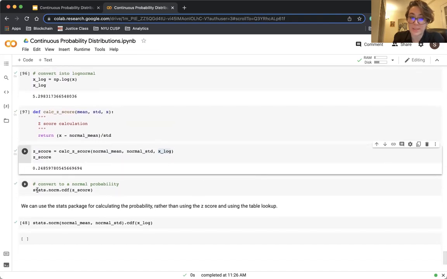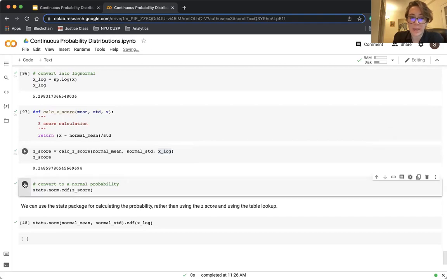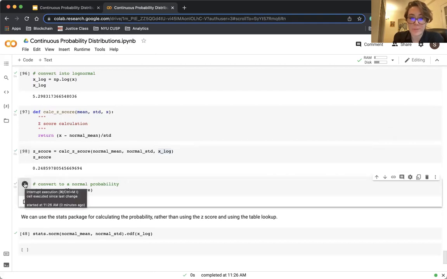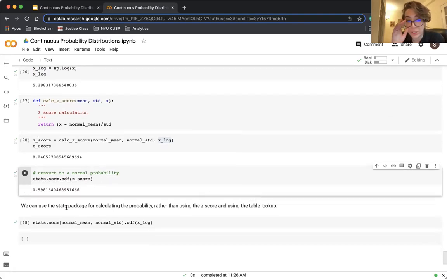And we can use the stats package to take this cumulative density function for calculating that as well, if we wanted to convert this to just the probability rather than the z-score.